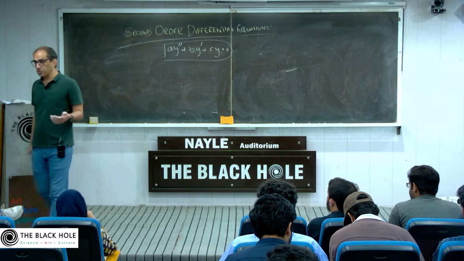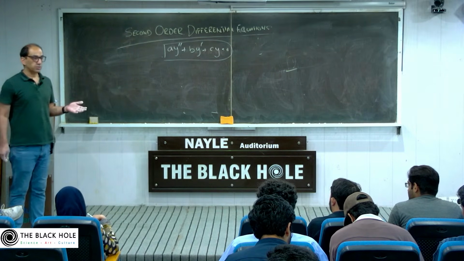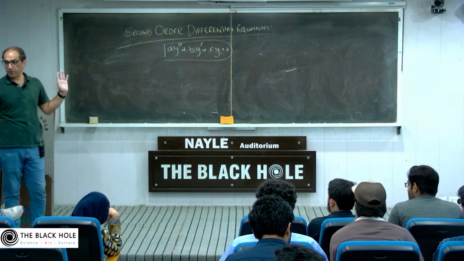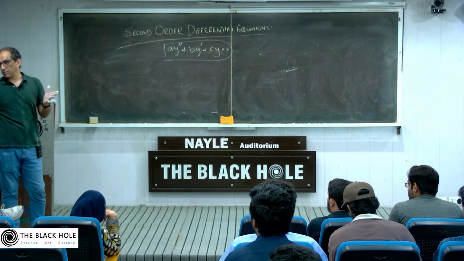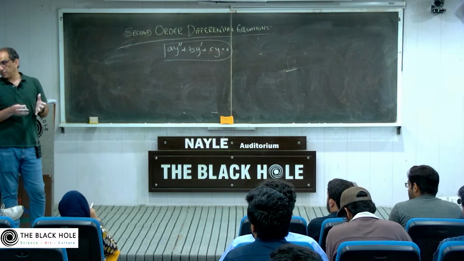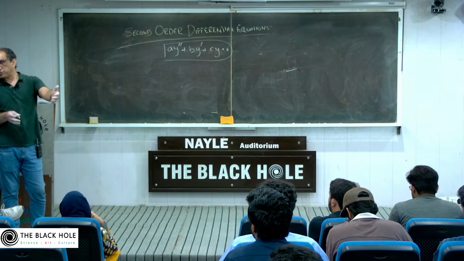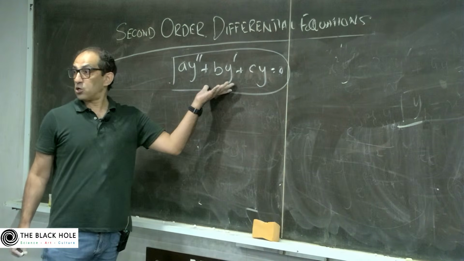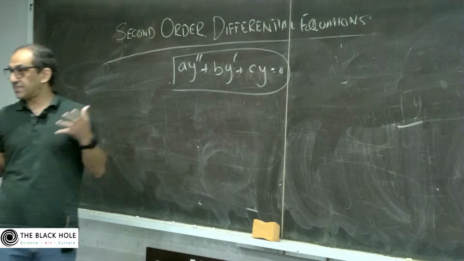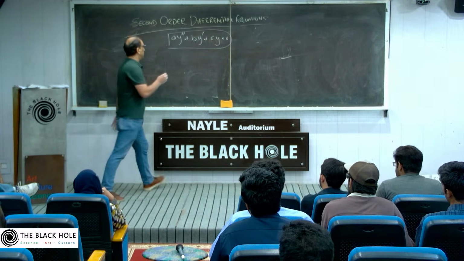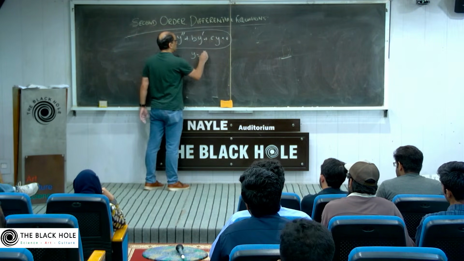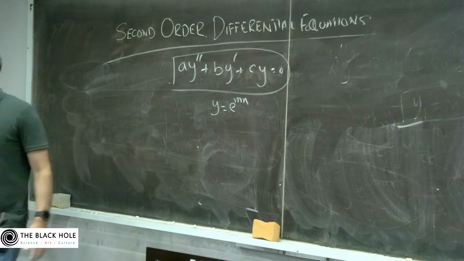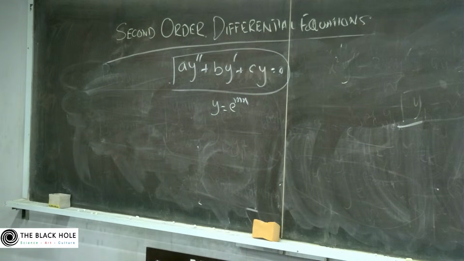Had there been no y dash, I could have assumed e raised to power iota x and it would have fit the bill, because cosine gives cosine in the second order, but in the first order it gives sine. So there is no way that I can take something common in all these terms except when I make this assumption, because even if I take infinite derivatives, it is going to reproduce e raised to power mx with another m.